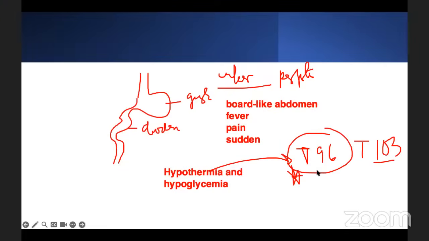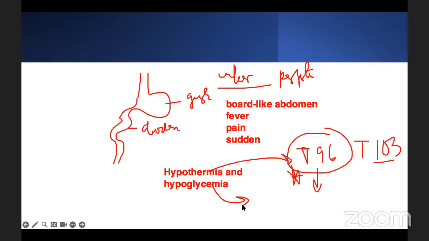This guy can go into arrhythmia. So hypothermia is more dangerous than hyperthermia. That's why high temperature is not part of the B-sharp. Low temperature is bad. They can go into arrhythmia and they can die.